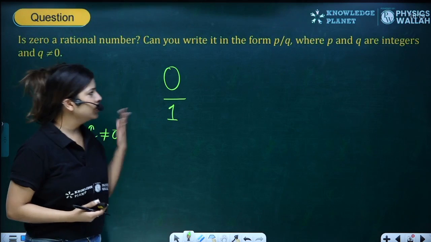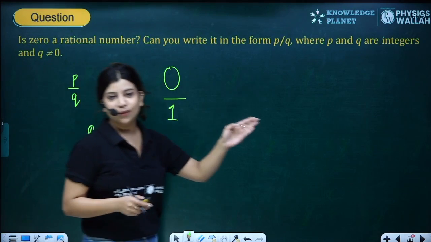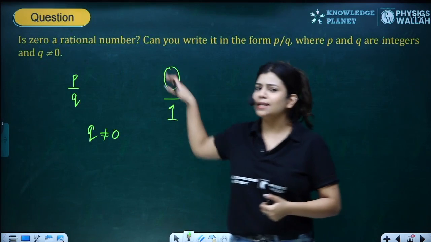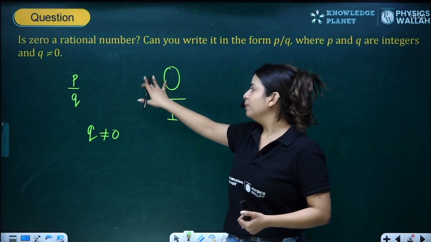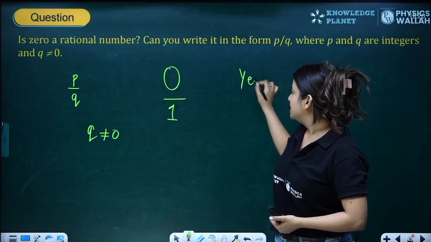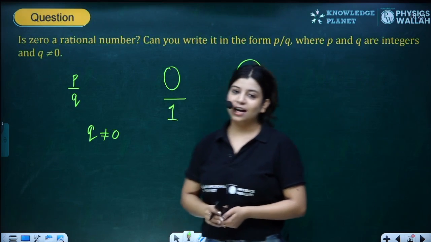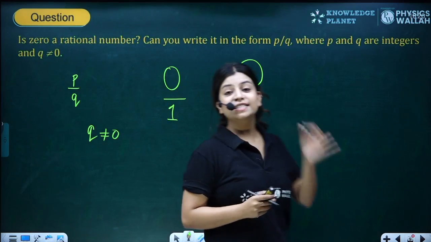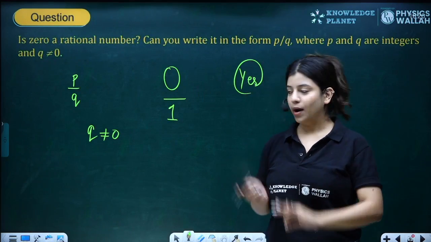They did not say that p cannot be equal to 0. So I can write 0 as 0 by 1, with p equal to 0 and q not equal to 0. So yes, 0 is also a rational number, because we can write 0 as 0 divided by 1.